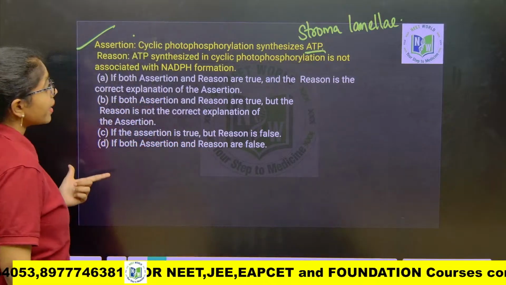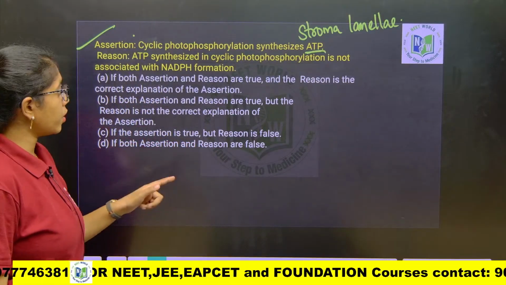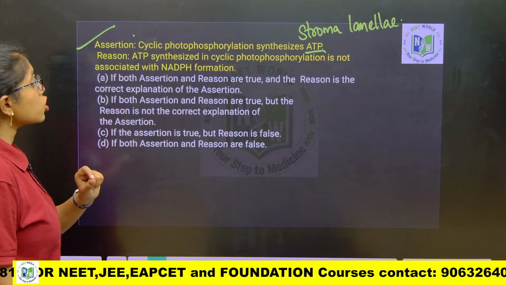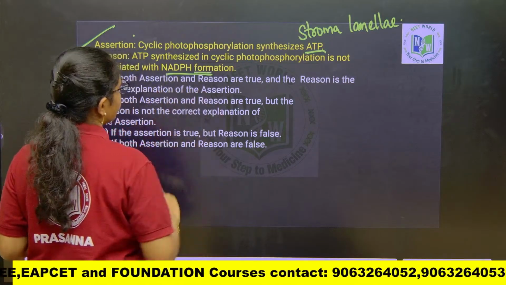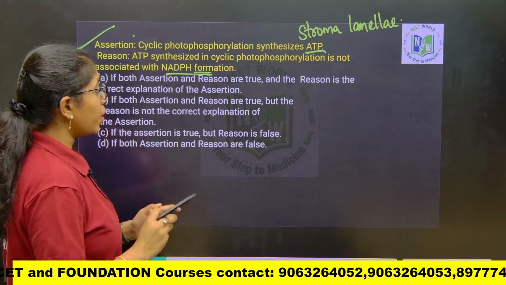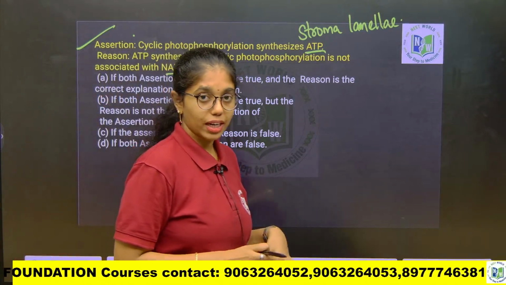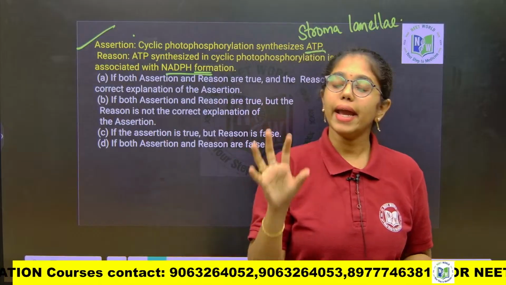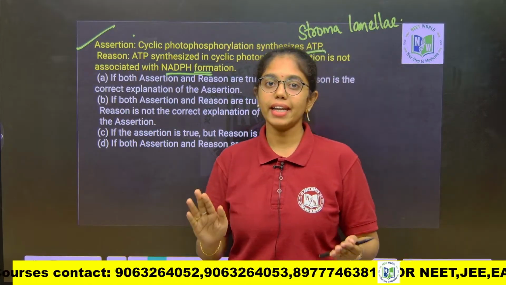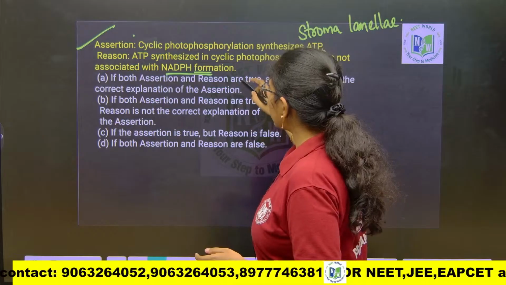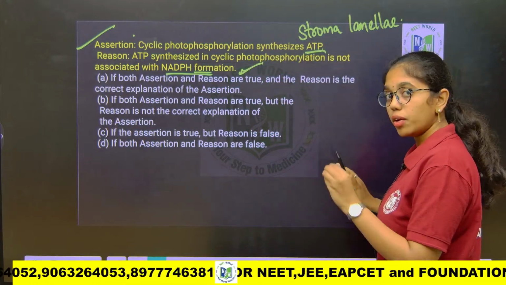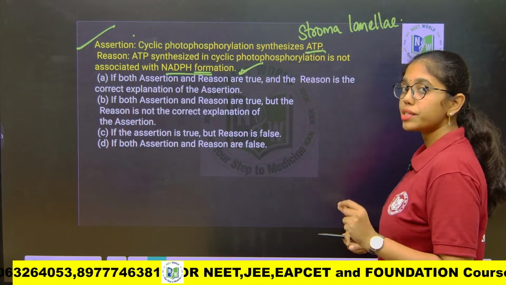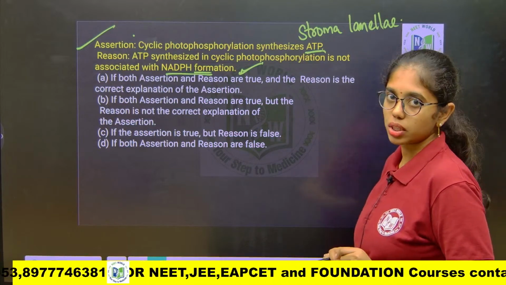Reason: ATP synthesized in cyclic photophosphorylation is not associated with NADPH formation. True. In cyclic photophosphorylation you can see only ATP synthesis but not NADPH formation. So, reason is true, but reason is not explaining why in cyclic photophosphorylation only ATP is being synthesized.